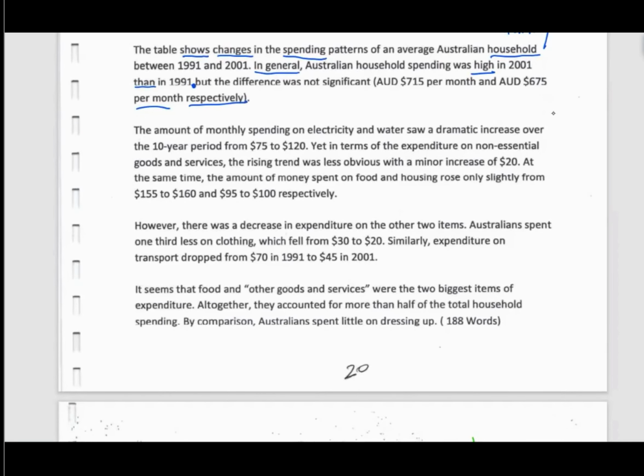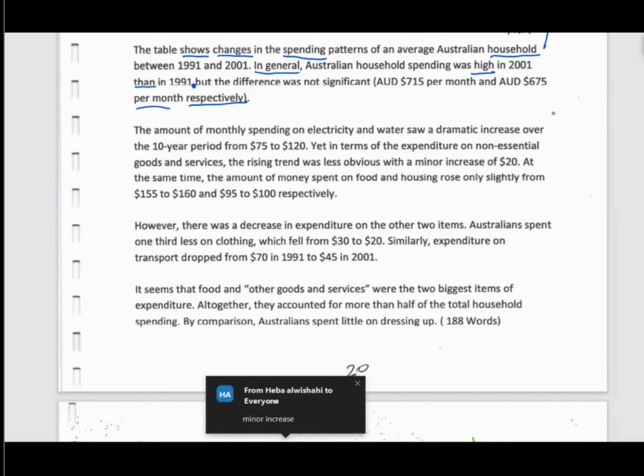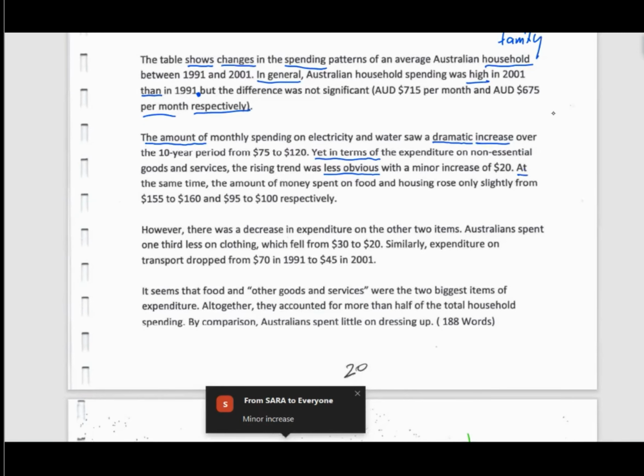The second paragraph. The amount of, dramatic increase. Dramatic means big, okay? Less obvious, yet, in terms of, at the same time.